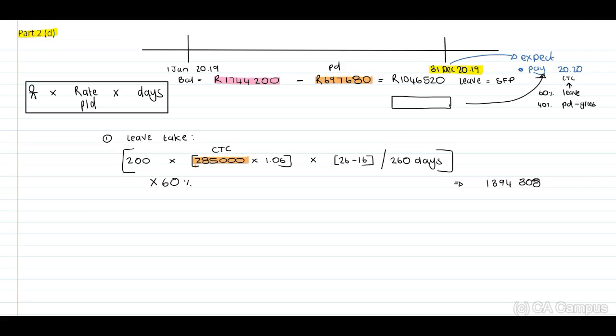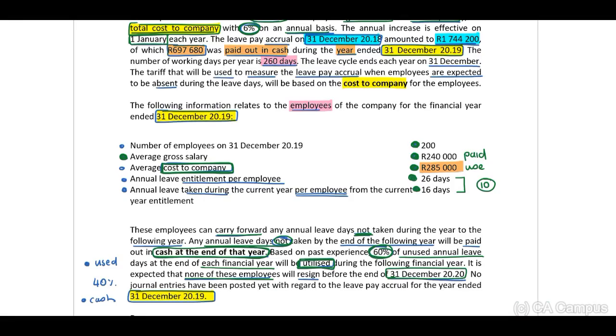Okay? Now, for the employees that we expect that we will have to pay out, I'm going to make use of black, guys, not blue. Okay, so we will have to pay them. Again, guys, we have our employees, our rate times 1.06. The rate will be the 240,000 because no contributions will be made if they pay this out, guys.